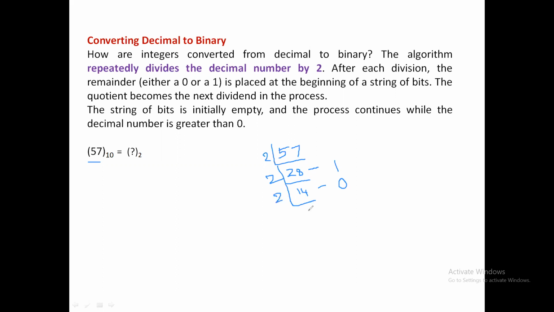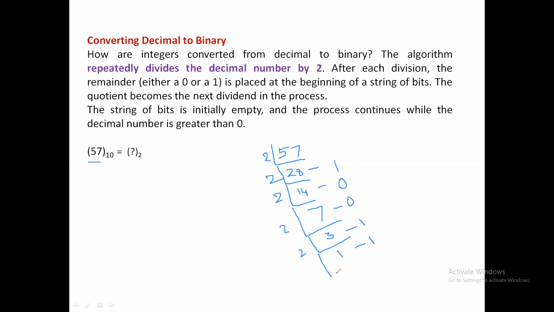So it goes with 2 sevens, again the remainder is 0. Now repeat the process, divide it by 2, it goes with 2 threes. This time the remainder is 1. Now repeat the process, 2 ones and the remainder is 1.